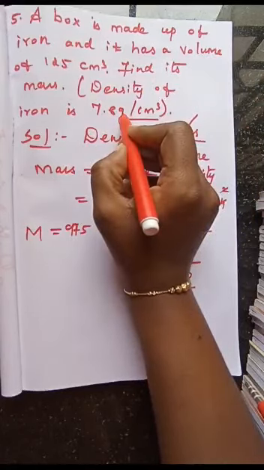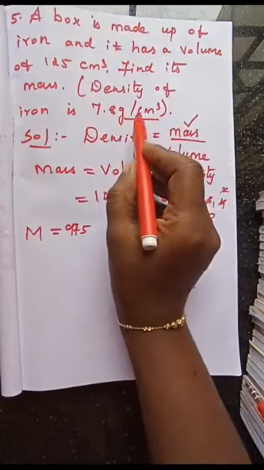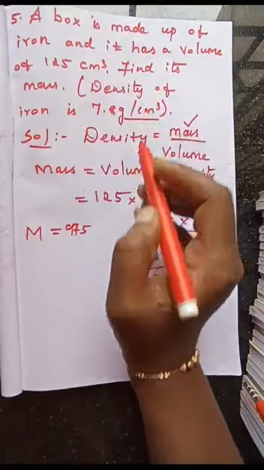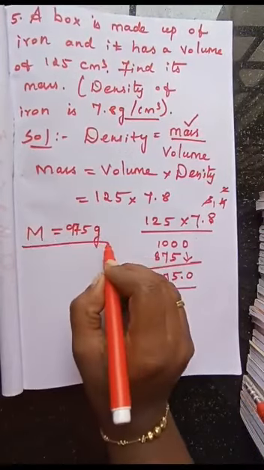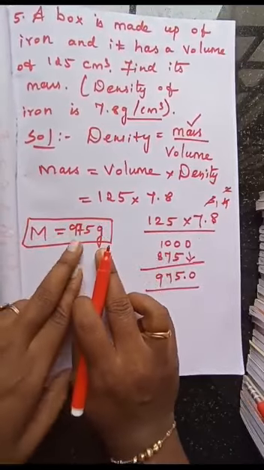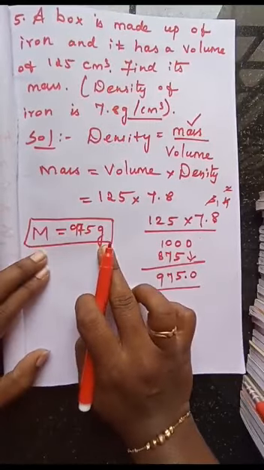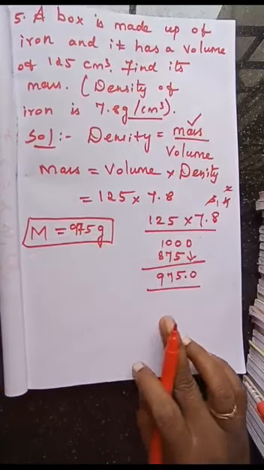This is the CGS system, because of gram and centimeter. If the question is mentioned in this system, while writing the final answer we should also mention the same CGS unit, that is gram. While writing the final answer, the unit of mass is gram. Clear?